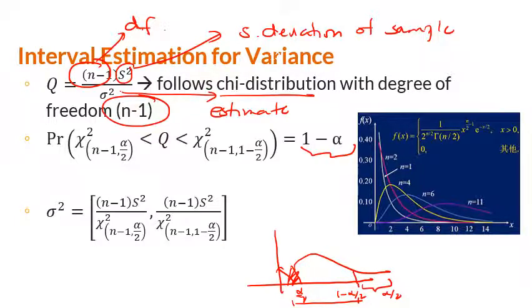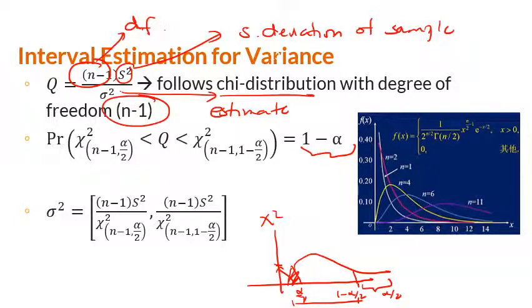So you want the corresponding chi values here. This is chi-squared values such that the area cuts off an area of alpha over 2. This is the left tail probability. And your right tail probability, the area to the left is 1 minus alpha over 2.